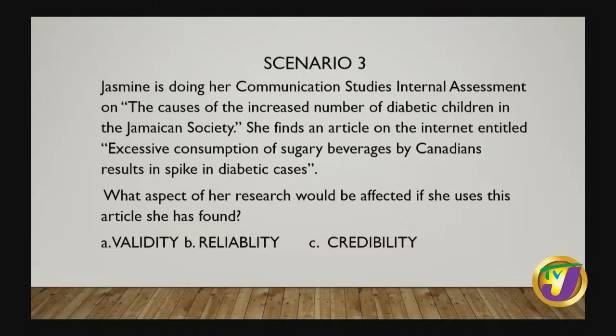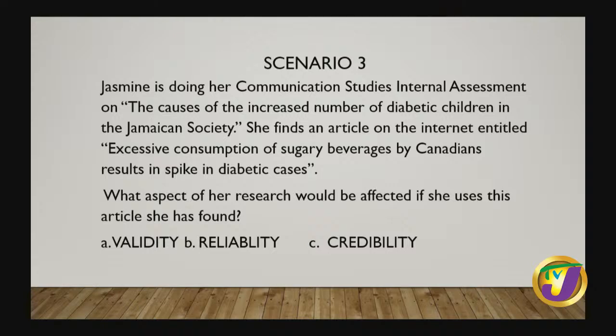What's the question? What aspect of her research would be affected if she uses this article she has found? Again, the options are the same: validity, reliability, or credibility.